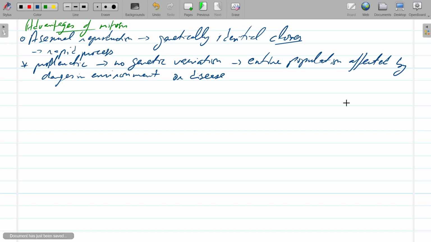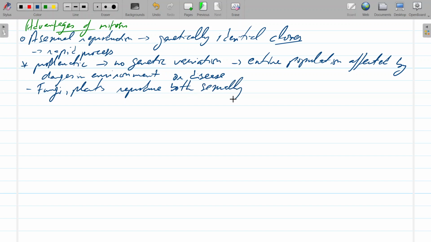And there are species such as fungi or plants that can reproduce both sexually and asexually.